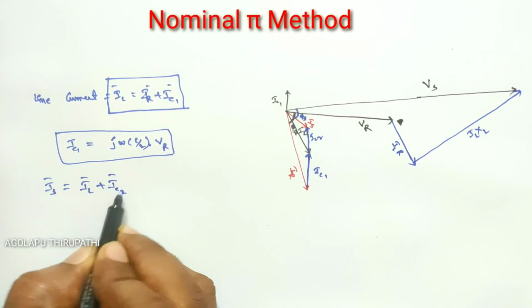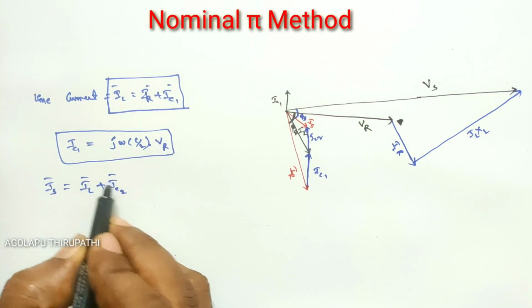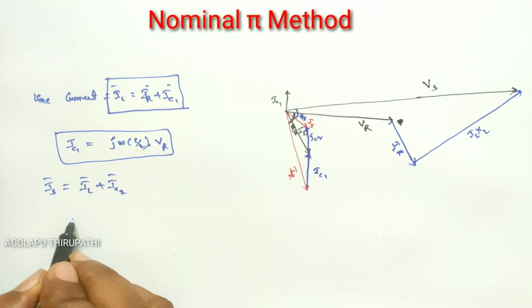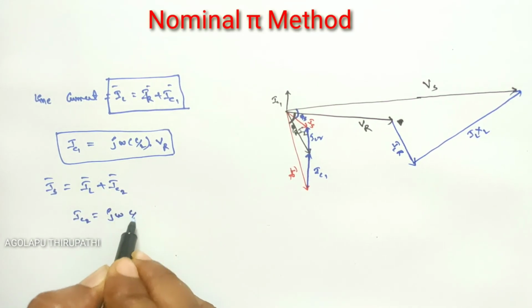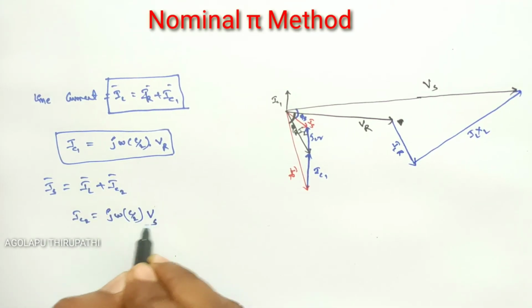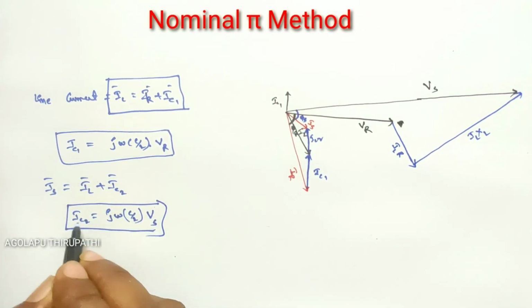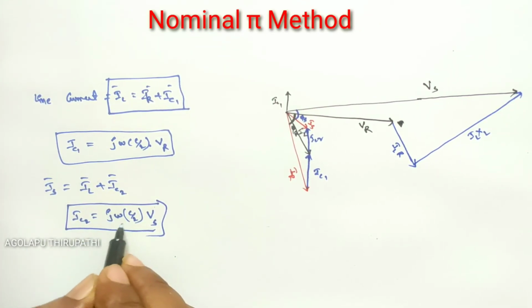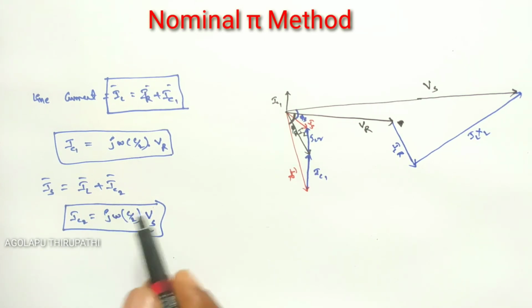Here IC2 is the current through the capacitor which is lumped across the sending end side. So IC2 becomes j omega C by 2 into Vs. I have already explained charging current and derived how this relation comes, so see my previous lectures and you will get a clear idea. Here I directly wrote the formula, right?